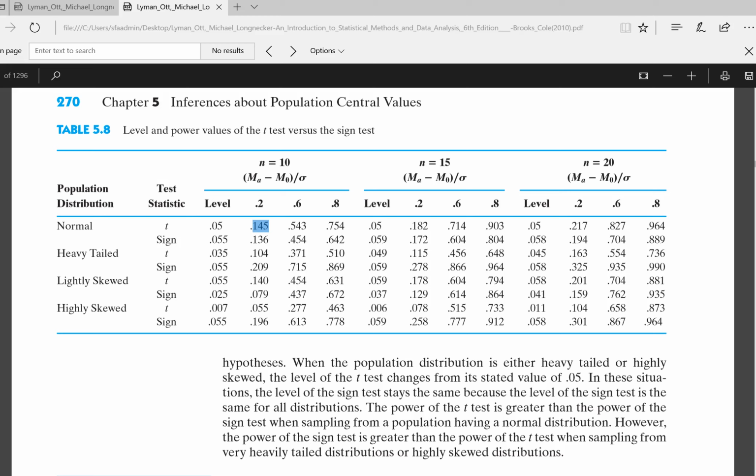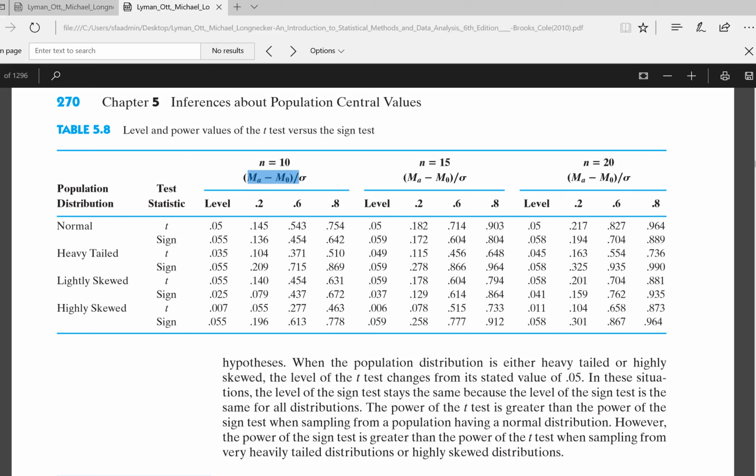The power of the test is 0.145, the power of the test is 0.543, and as that standardized difference of the two medians is 0.8, the power is 0.754. So you would expect to see, as this value gets bigger, the power would go up, and we see that with the t-test and also with the sign test.